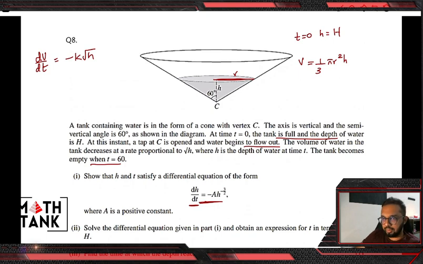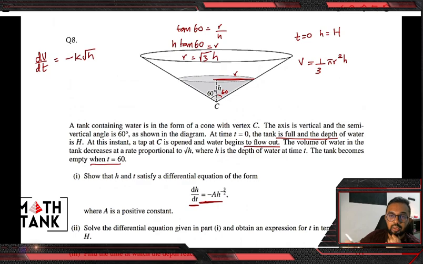So what I'm going to try to do is use some trigonometry and say that tan 60 is equal to r over h. So r is basically h tan 60. Now, tan 60 is simply root 3. Let me just verify that. Yes, it's root 3. So r is basically root 3 h.